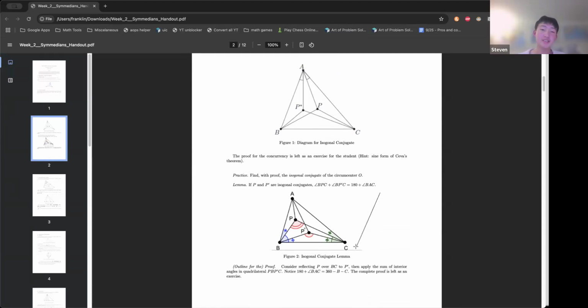Now that you just learned the definition, try to find the orthogonal conjugate of the circumcenter. Didn't we say it was the orthocenter?